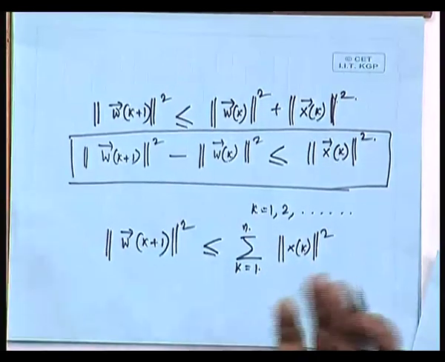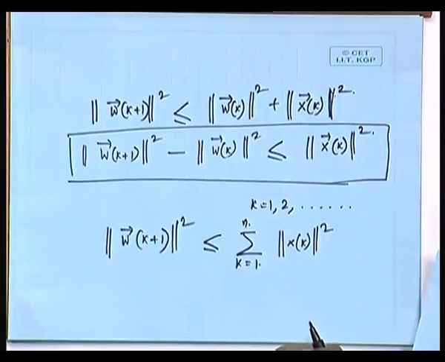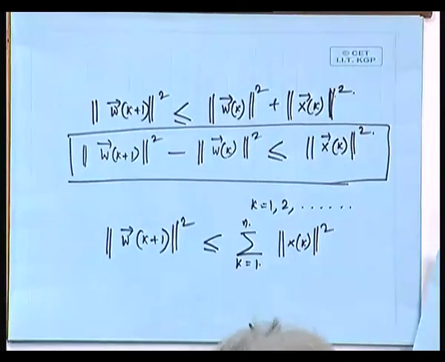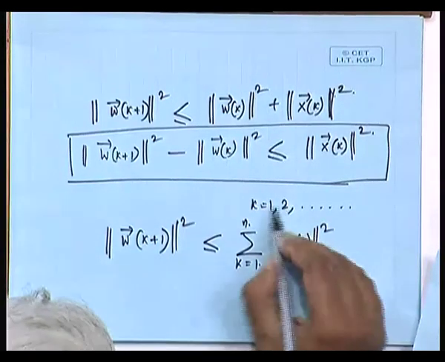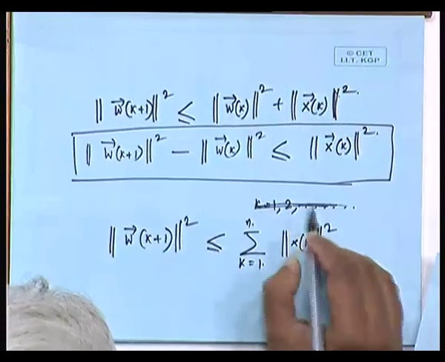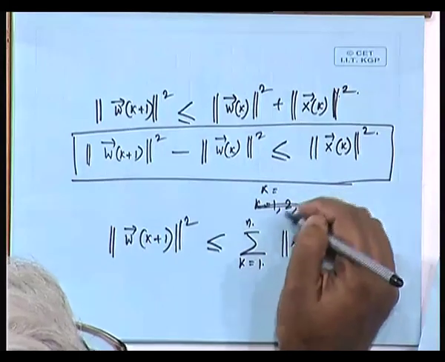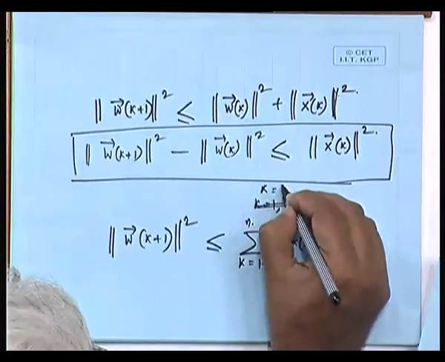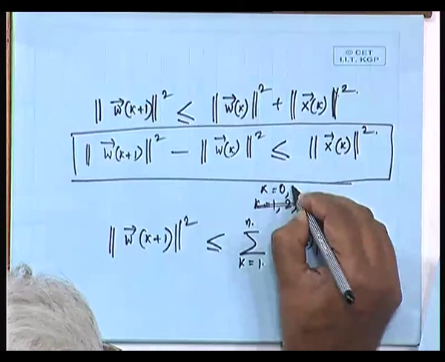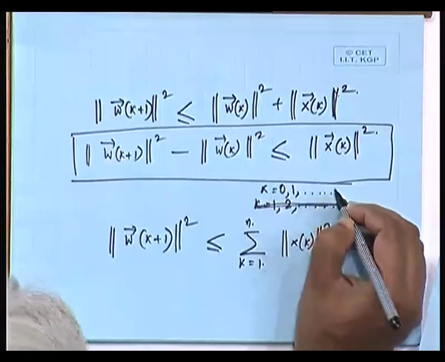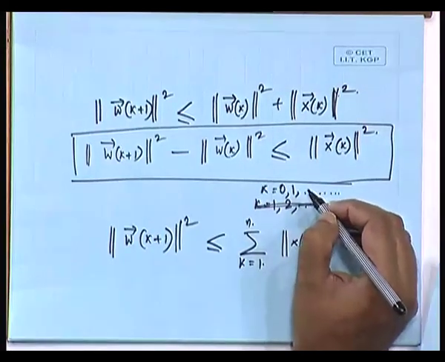W 0 square is in this case 0 because, yes, this index 0 is always a problem. If we go on for k is equal to 0, 1, etc., the pattern does not fit for k is equal to 0.